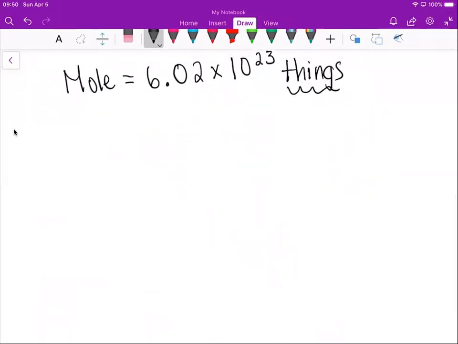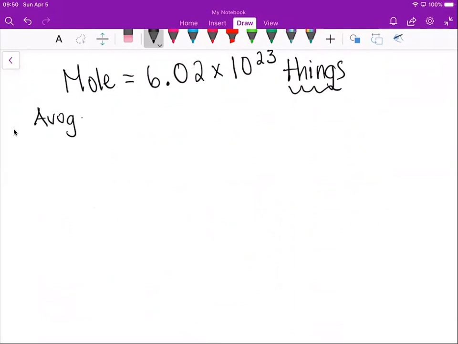By the way, the mole was thought up by Avogadro, so this is known as Avogadro's constant.